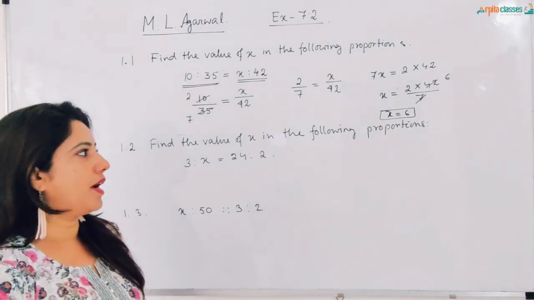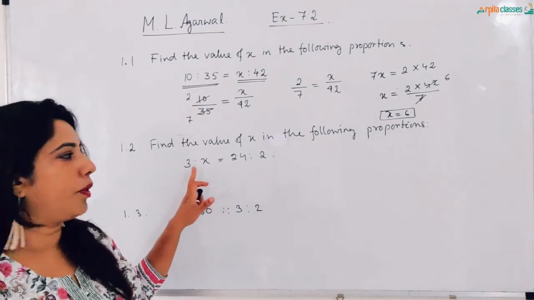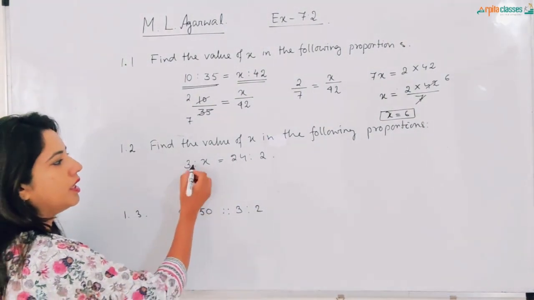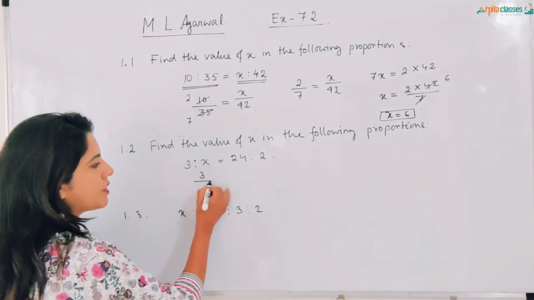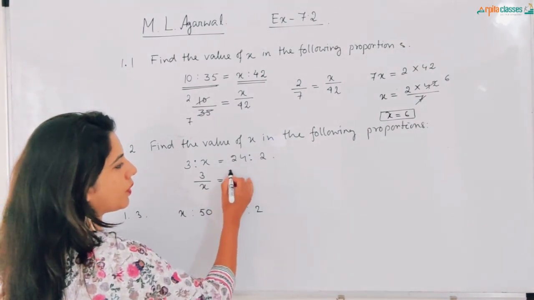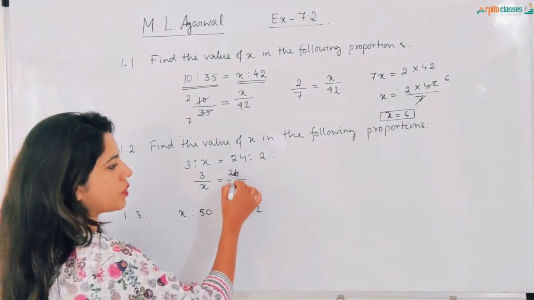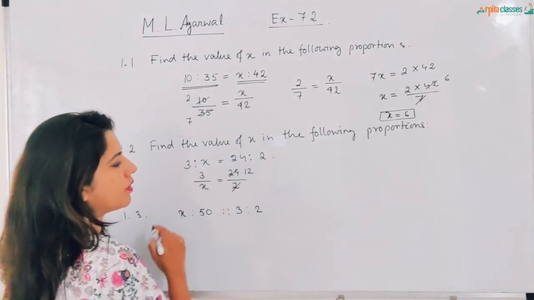Okay, so we have to find out the value of x this way. Same question 1.2, it is the same question. 3 is to x could be written as 3 upon x is equal to 24 is to 2, which could be written as 24 upon 2. We can reduce this into the lowest term, 12.